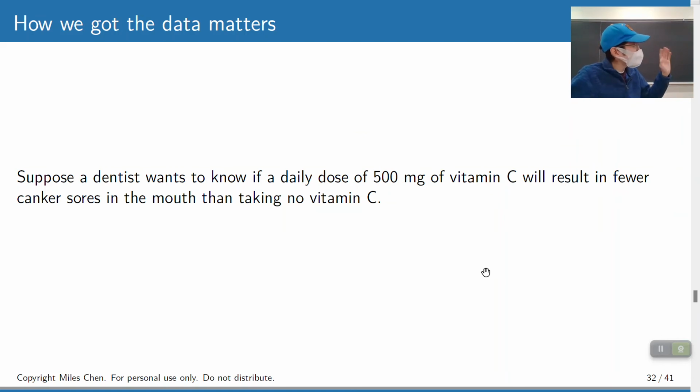All right, so this is just some silly example that I took from some handout. And we're going to say, a dentist wants to know if a daily dose of vitamin C, so some vitamin C supplement, will result in fewer canker sores than taking no vitamin C, okay?